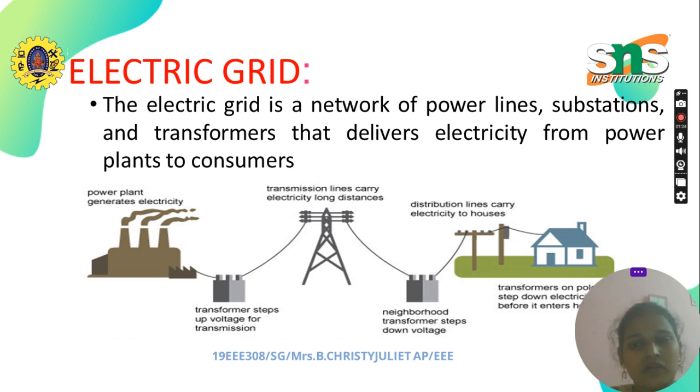An electric grid is not a single entity. It is a network of power lines, substations and transformers that delivers electricity from power plants to consumers. It incorporates all the elements starting from the power generation point to the end users. It acts as a common point where we feed in and tap out power.